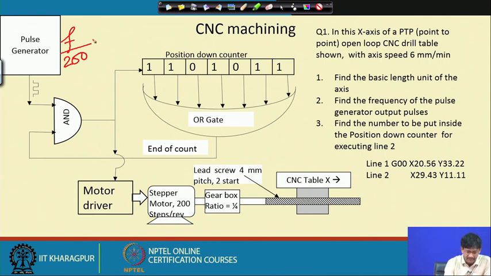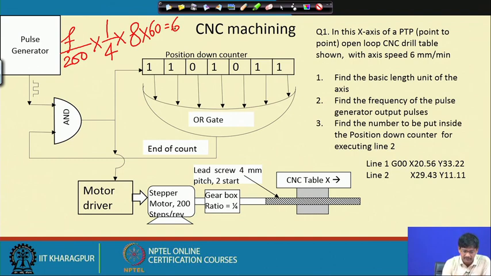Now, these rotations will be reduced by the gearbox by a factor of 1/4, and the amount of motion obtained will be multiplied by the lead of the lead screw, and therefore, when multiplied by 60, this should be equal to 6 millimeters.